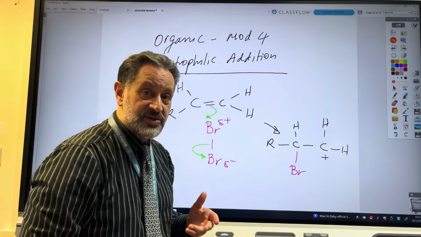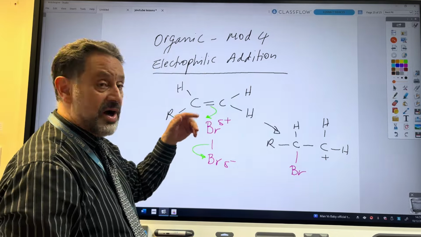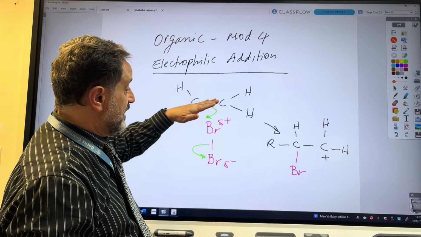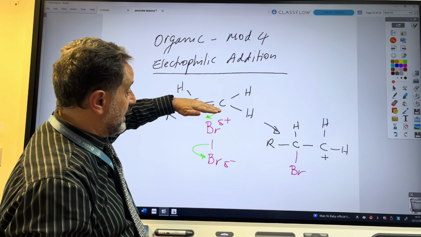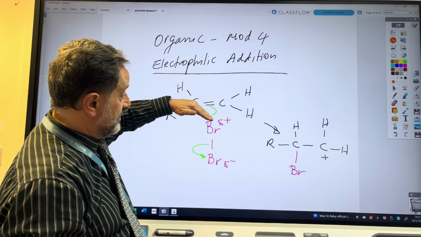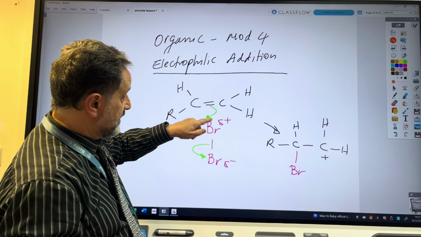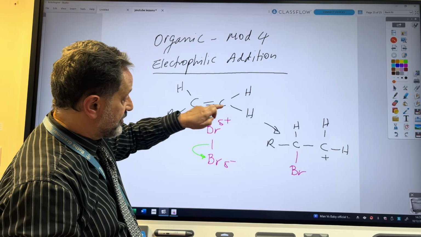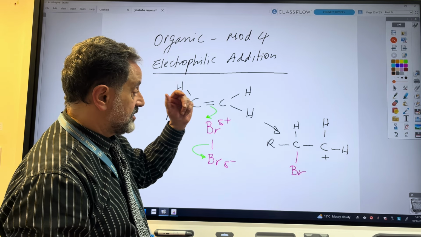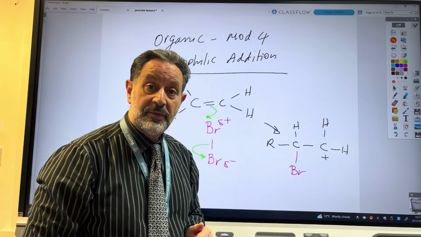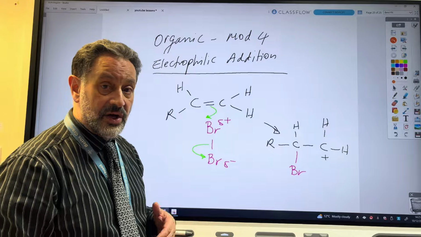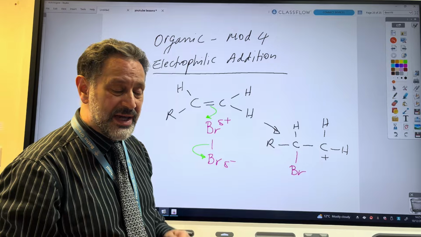What I tell my students is to consider that bond as if it's a door and the hinge is over there, and therefore if it opens like that, that carbon is forming a bond, taking its electrons as well as the electrons belonging to the other carbon. Which means that carbon is stripped of an electron, therefore is now positively charged. It becomes a carbocation.